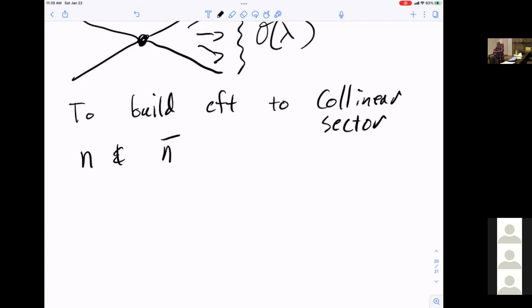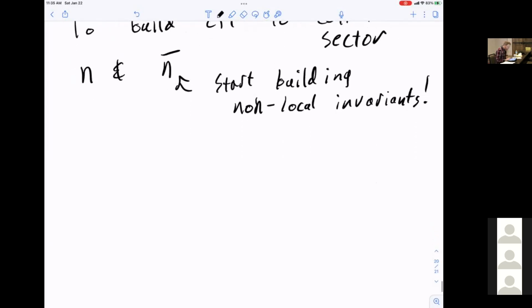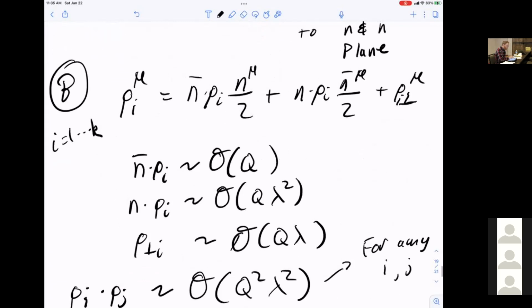As soon as I have directions, that means I can start building non-local invariants. In particular, though, I need to transform this rule about what I call momenta to be collinear into a power counting on operators that I might want to write down, which are going to interpolate these collinear momenta.